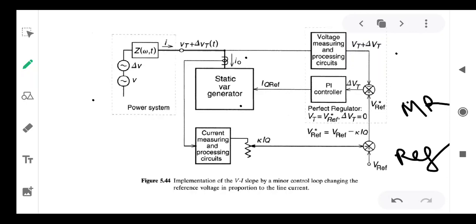or controller, from which V reference star and actual voltage is compared and delta Vt is derived. That error signal is passed through the PI controller in order to get the IQ reference.